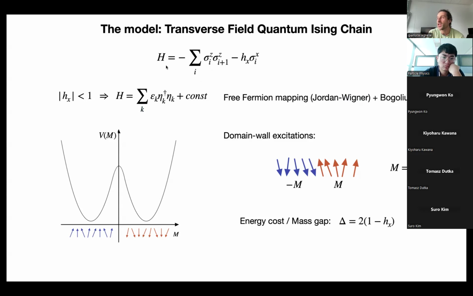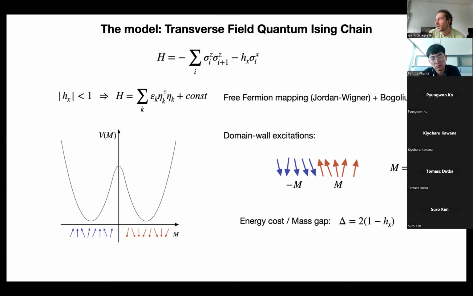And this works for generic Hx. But as long as, because we want to be in the ordered phase, so we still want some spontaneous magnetization, Hx is less than 1, because remember 1 is the phase transition, your exactly degenerate ground states still show some spontaneous magnetization, which is given by this form here.